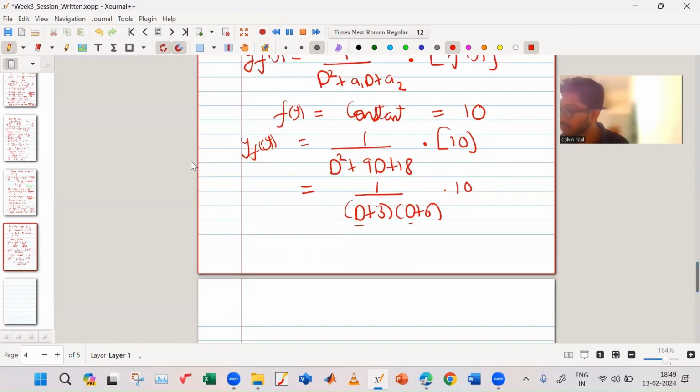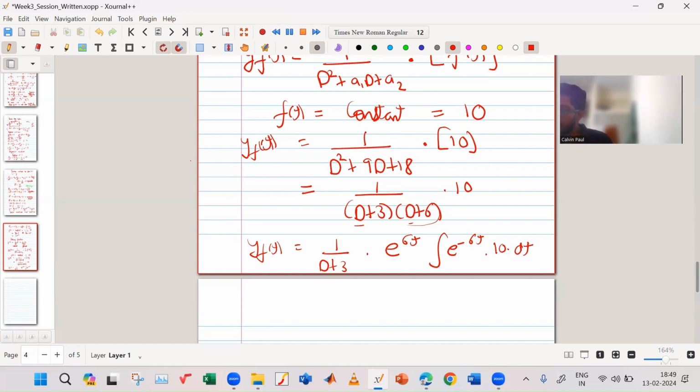So let us go step by step. First I will solve for this. I will leave this d plus 3 over here as it is. Then I will write this as e raised to 6t, integration of e raised to minus 6t into 10 into dt.